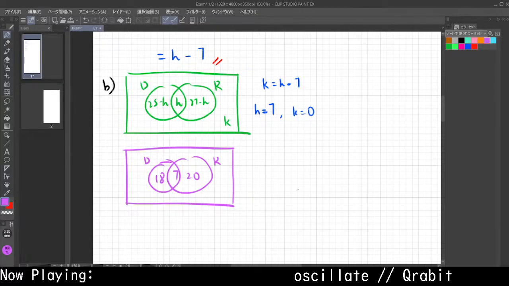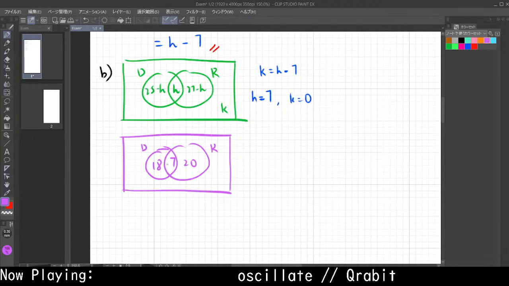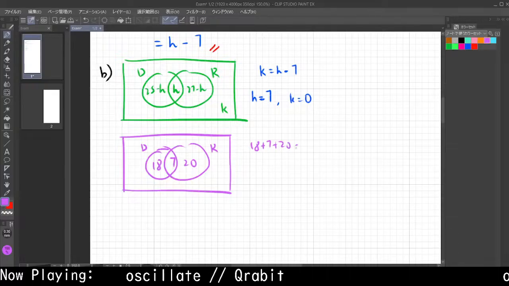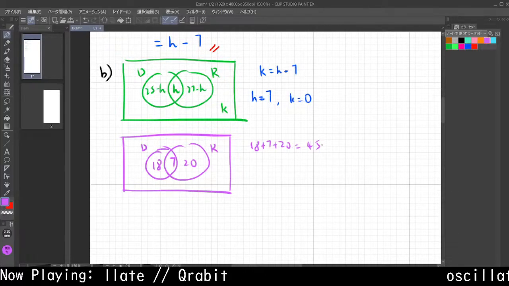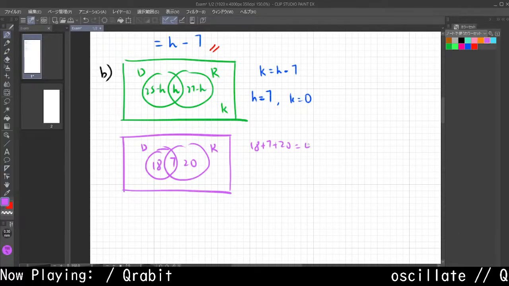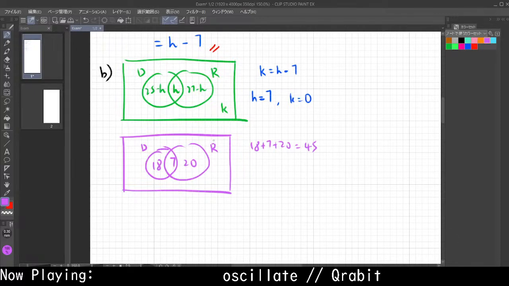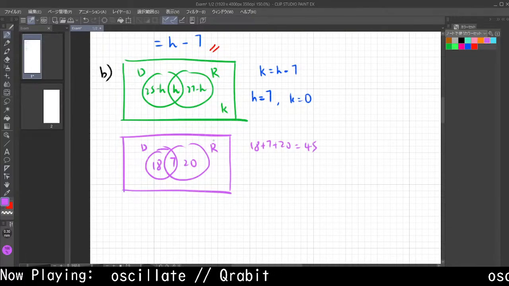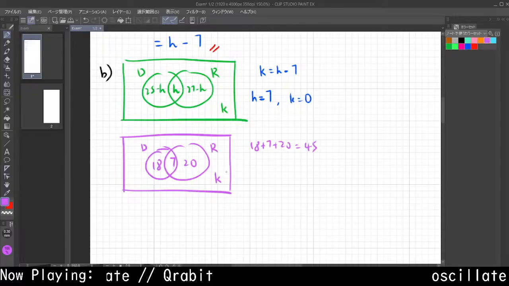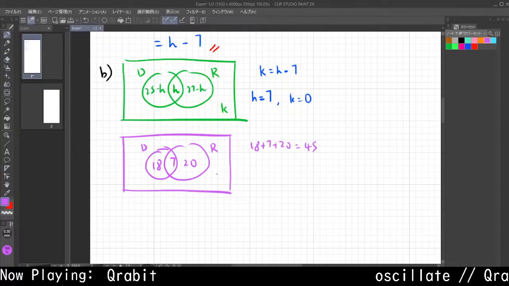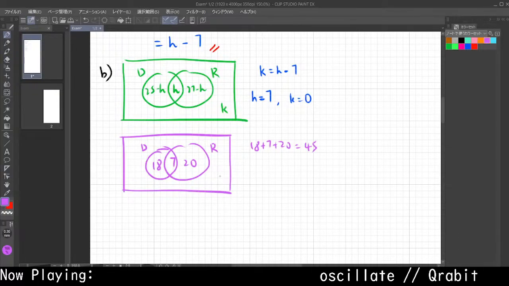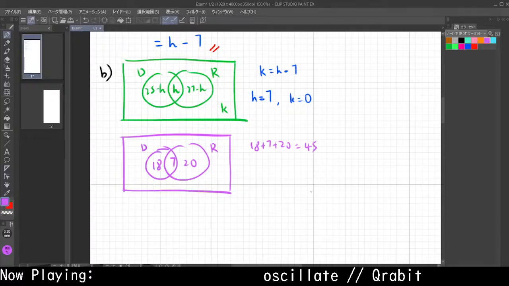So you can verify yourself that all these three portions, when you add them up together, you get 45, which is equal to the number of students in the class. Therefore, that means all 45 students like either food or like both, and none of them like neither food. Therefore, over here, your k is just equal to 0. So you don't have to write anything, and in this case, this is your minimum.